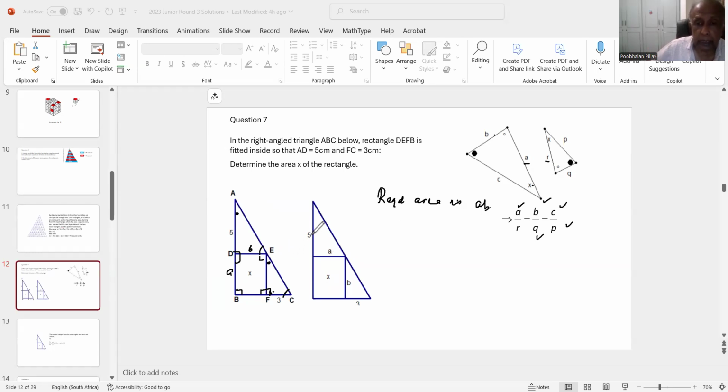Okay, so these ratios. If we do this now, you'll have 5. 5 is opposite curl. Opposite curl is EF. Oh, but EF is A, because this is a rectangle, and BF is B. So you got 5, which is opposite curl, over what is opposite curl in the small triangle?